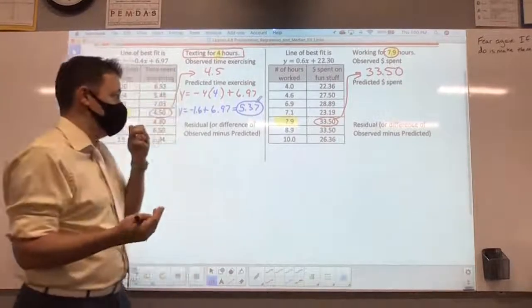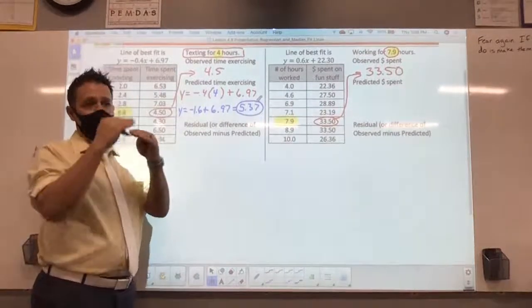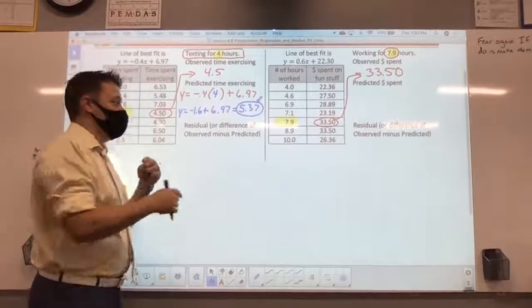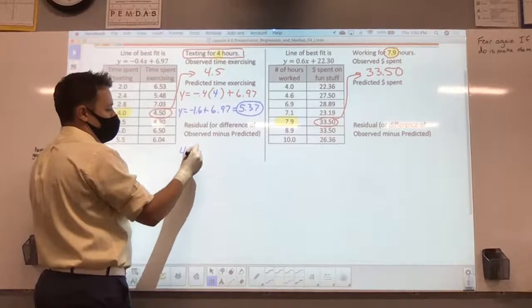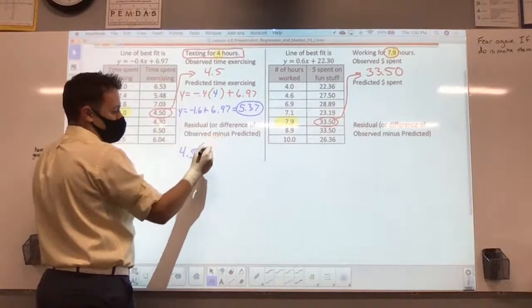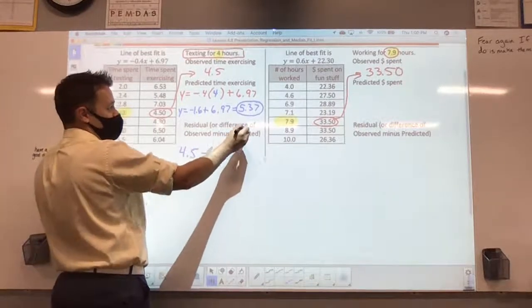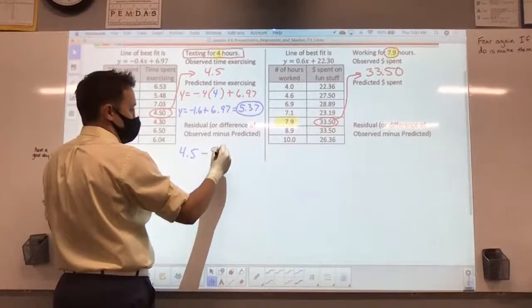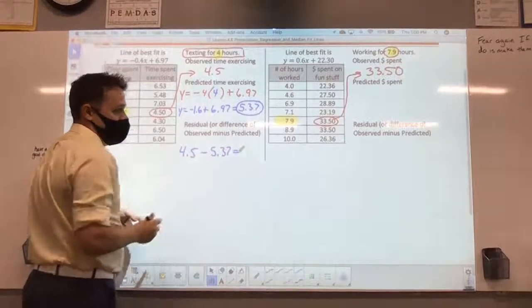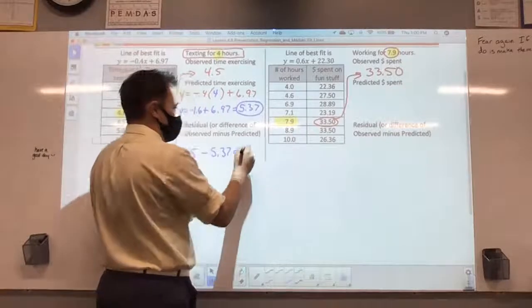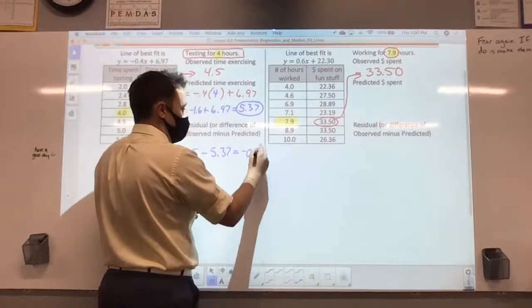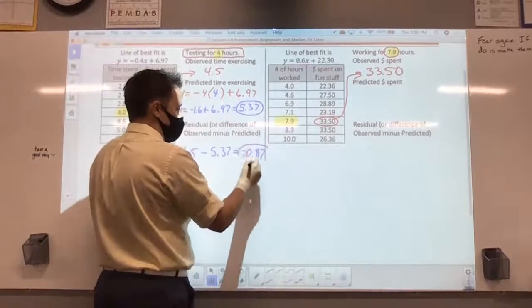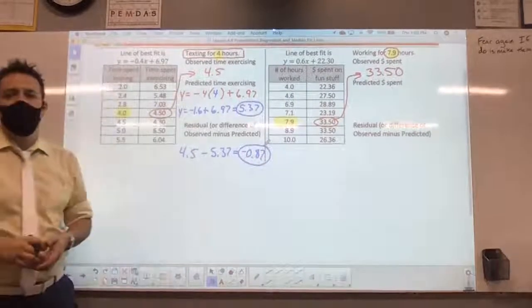That's what residual means, how much did we miss the actual by our estimate? So on here, you would take your observed time, which would be 4.5, minus, because that's what it says, your predicted, which is what? 5.37. You put that in a calculator, ladies and gentlemen, and you would end up with negative 0.87. It's going to ask you all of this stuff in Alex.